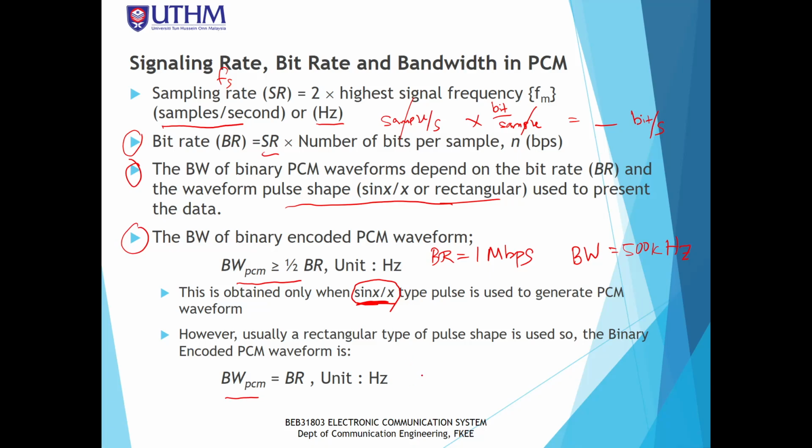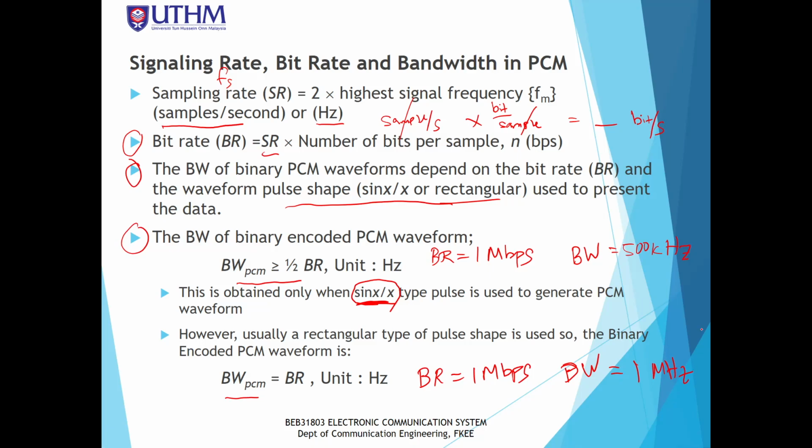Okay, so that means if the bit rate is 1 megabit per second, the bandwidth produced from this process would be equal in terms of magnitude, which is 1 mega, but in terms of hertz, 1 megahertz.